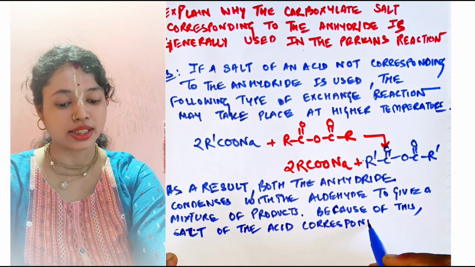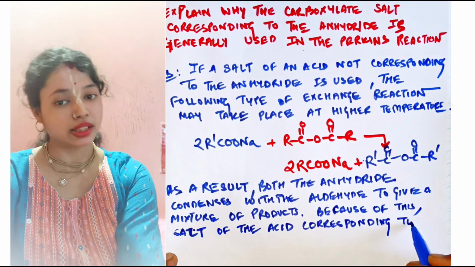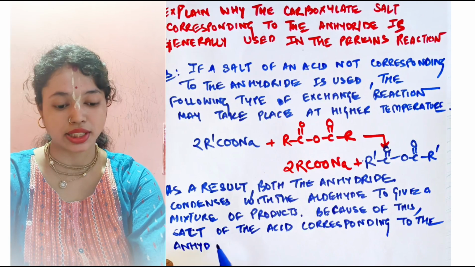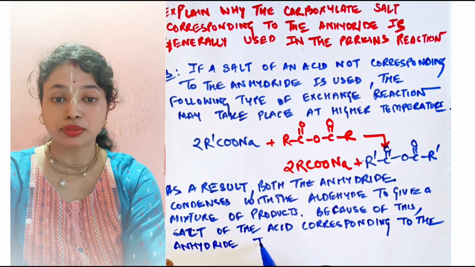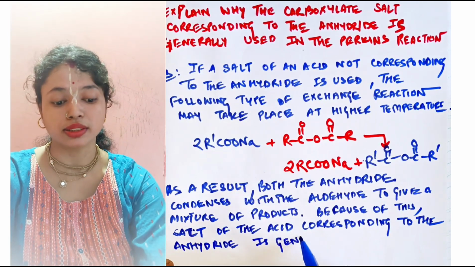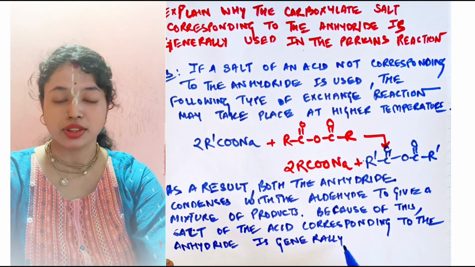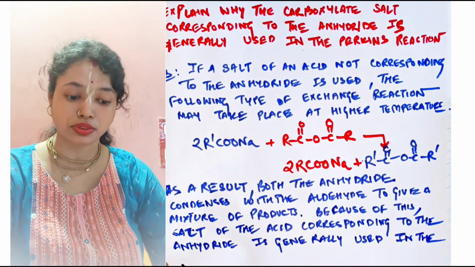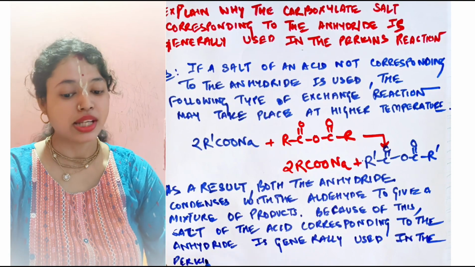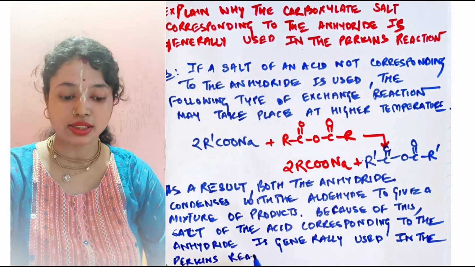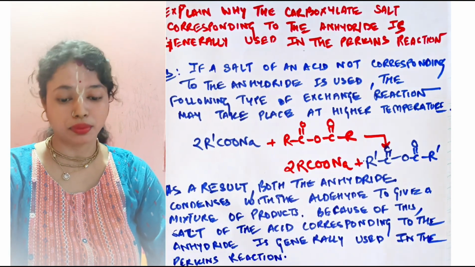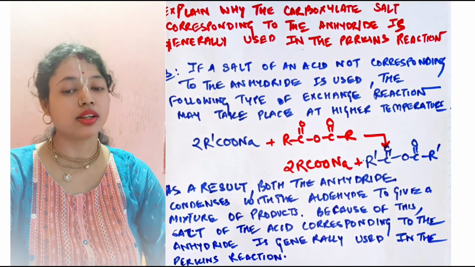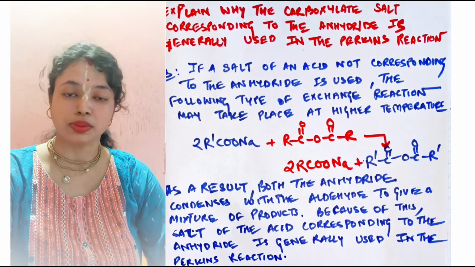The alkyl group of the acetic anhydride goes with the alkyl group of the acid, and the alkyl group of the acid goes and forms the anhydride. So two different anhydrides are forming in the reaction, and so two different products will be formed. Both anhydrides condense with the aldehyde to give a mixture of products, and because of this, the salt of the acid corresponding to the anhydride is always used in the Perkin reaction.